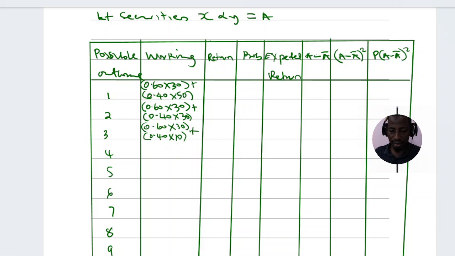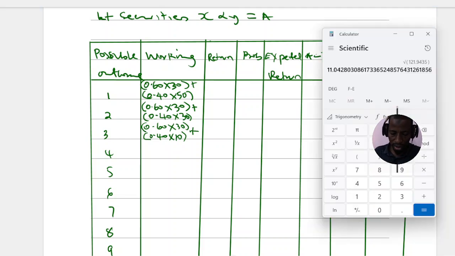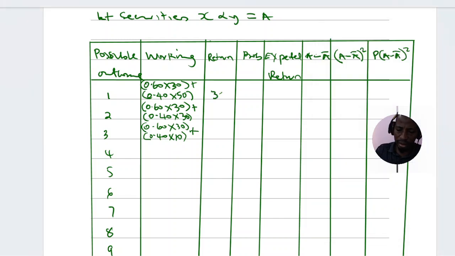So let's complete that. What I will do here is say open a bracket, 0.6 multiplied by 30, close the bracket, plus open a bracket, 0.4 multiplied by 50, close the bracket, equal, that's 38. The return is 38.